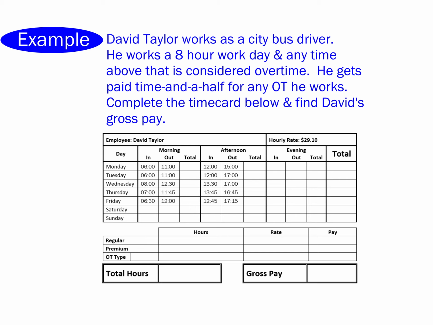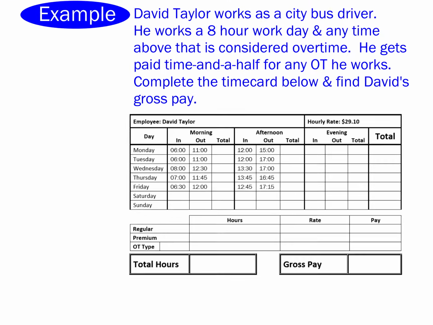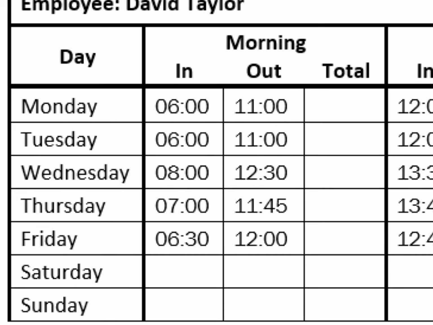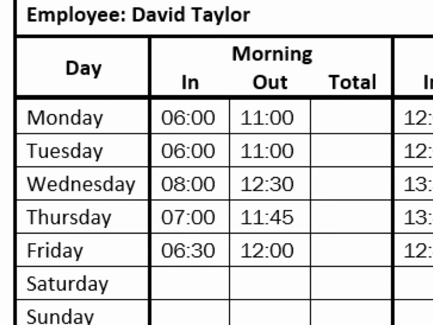So we've got David. His hourly rate's $29.10. Let's go. So we're going to look at each of the times here. Monday morning, how many hours does he work? 5. Good. Tuesday morning, 5. Wednesday morning, 4.5.